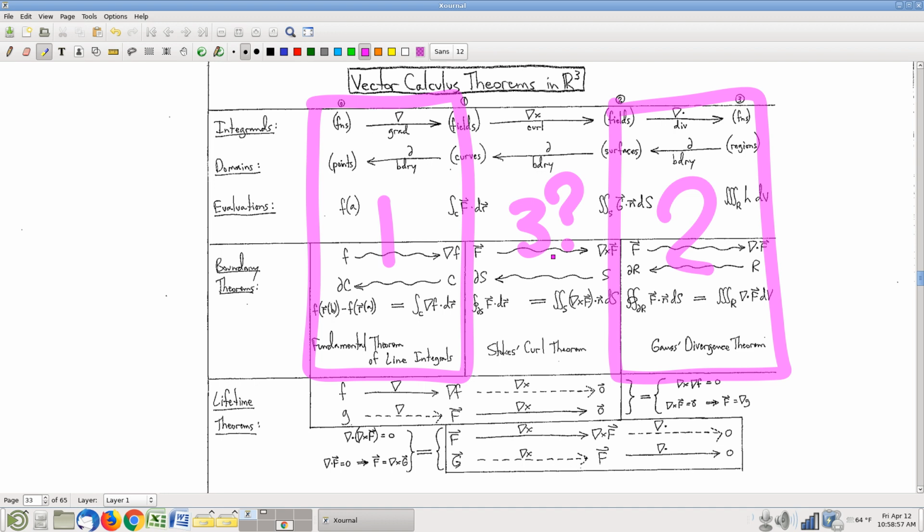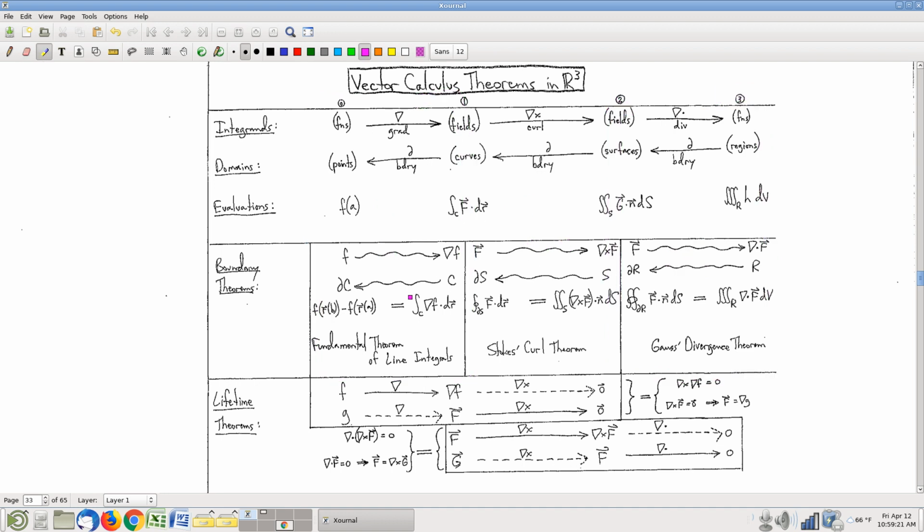It's hard to see this coming, but it turns out that there are some little issues of orientation that make Stokes' curl theorem a little bit more delicate. It's better to go into Stokes' curl theorem having seen more examples of the pattern beforehand. That's why. I think the vast majority of books do it this way.